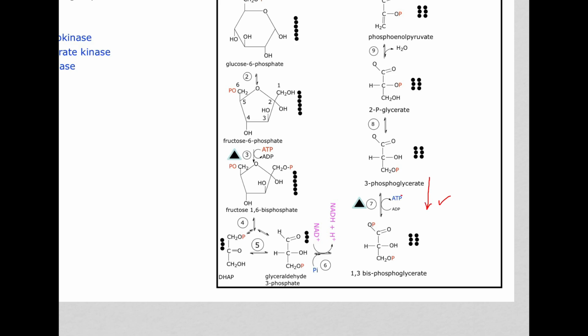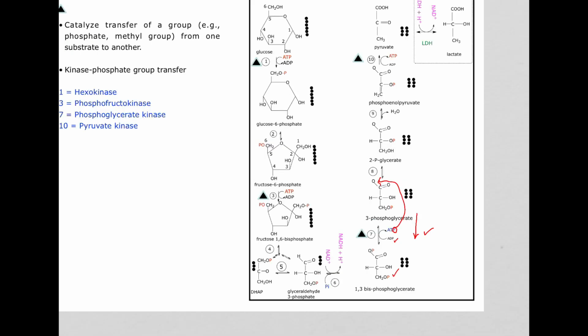Basically the phosphate from ATP here is being transferred to this carboxyl to give us ADP and 1,3-bisphosphoglycerate. The same thing is true for reaction 10, where the kinase is named in the reverse direction. Once again we see a phosphate being transferred to this middle carbon to give you ADP and phosphoenolpyruvate.